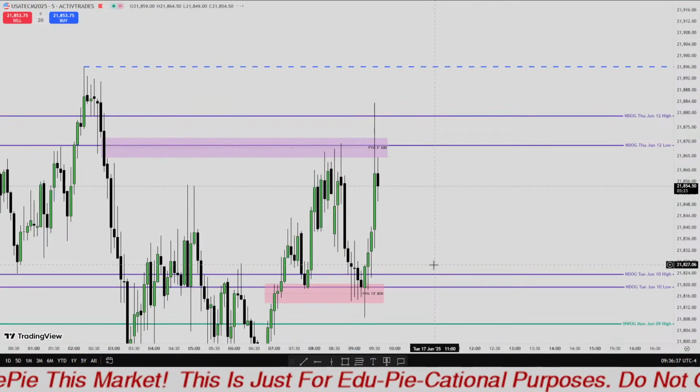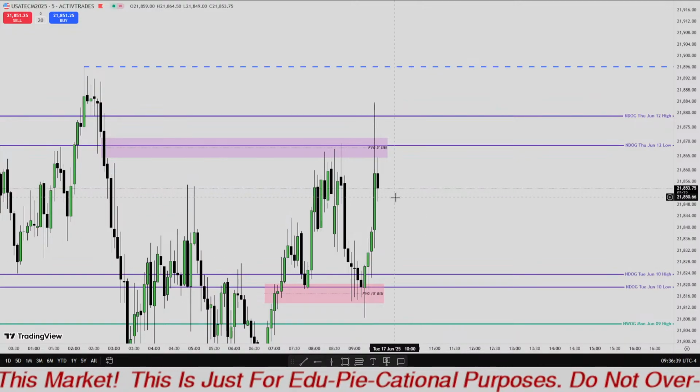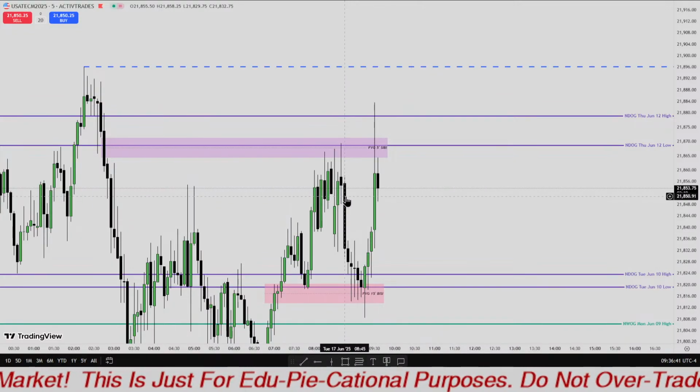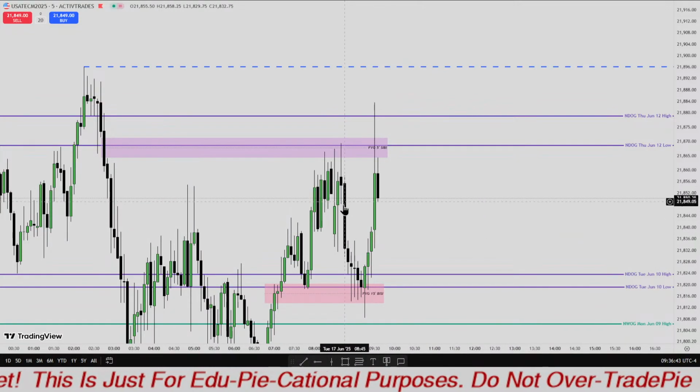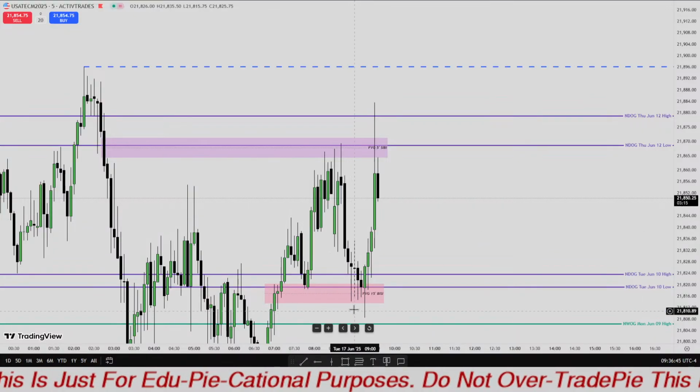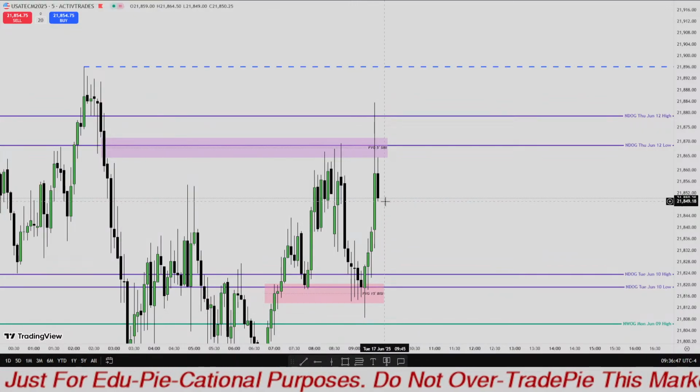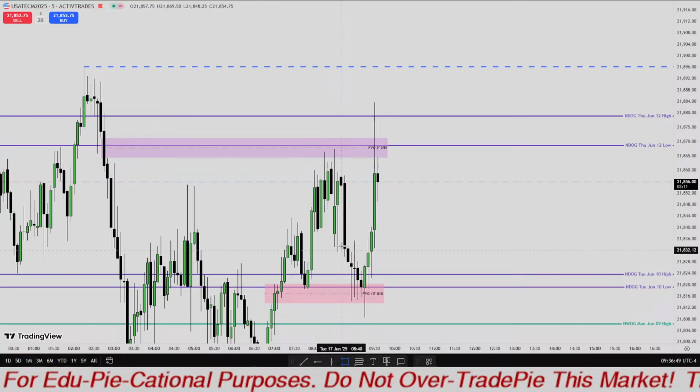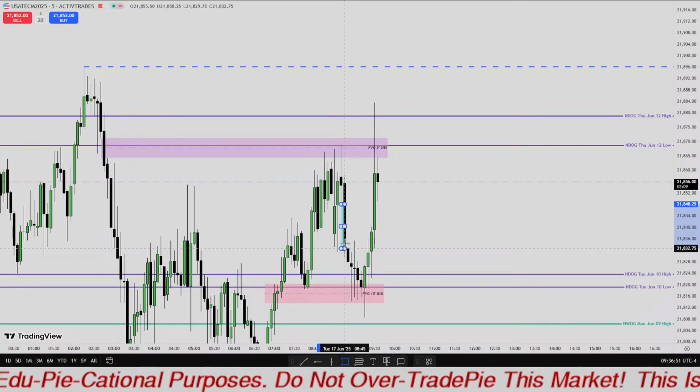If we go to the 5-minute chart, we see we are closing above this 5-minute BC, CB, I apologize, and now we have a kind of retracement into it, so I'd like to highlight it.